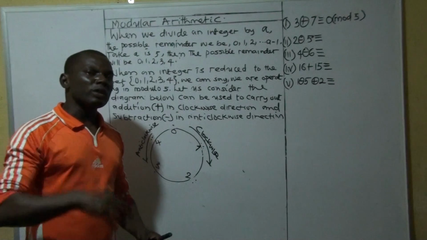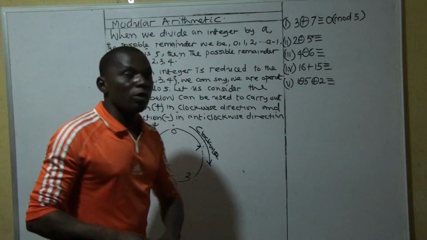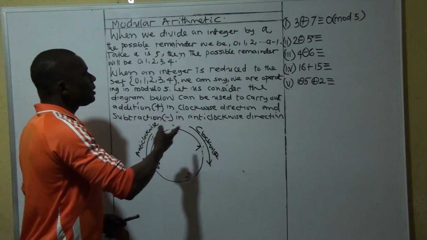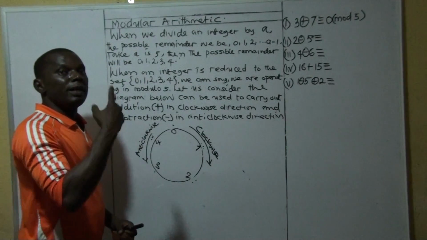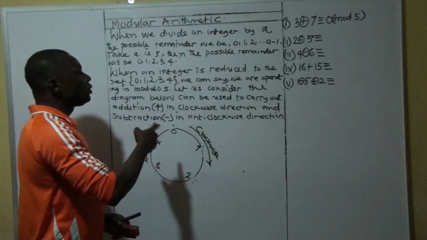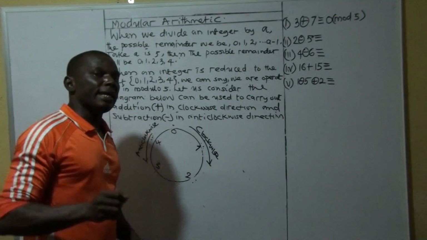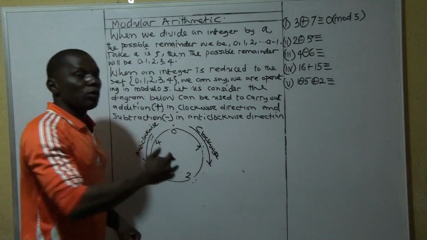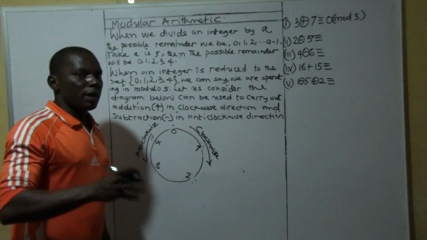If we ask ourselves, how many times will 5 go into 10, and what will be the remainder? 5 will go into 10 two times, but the remainder will be 0. So in modular arithmetic, we are more concerned about the remainder, not the number of times a particular number will go into an integer.